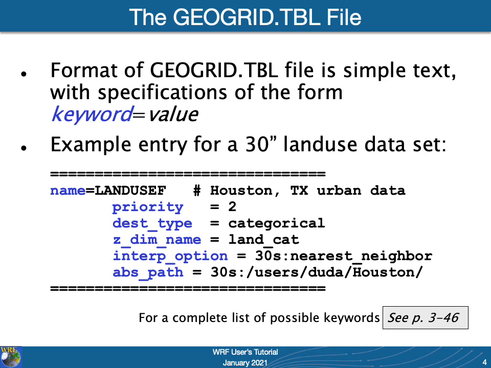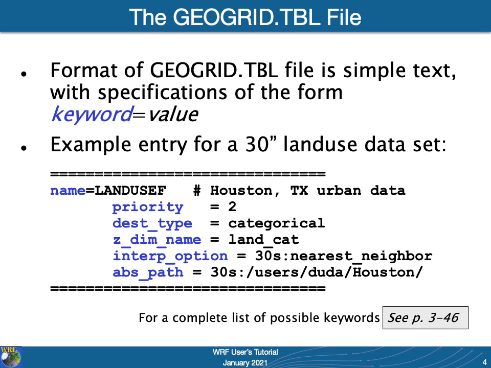Dest type, or destination type, tells the GeoGrid program whether the field to be interpolated is a continuous field that can take on any real value or a categorical field that can only take on integer values. ZDIM name is used if you're processing a field that has multiple levels, which we call the Z dimension for the variable.